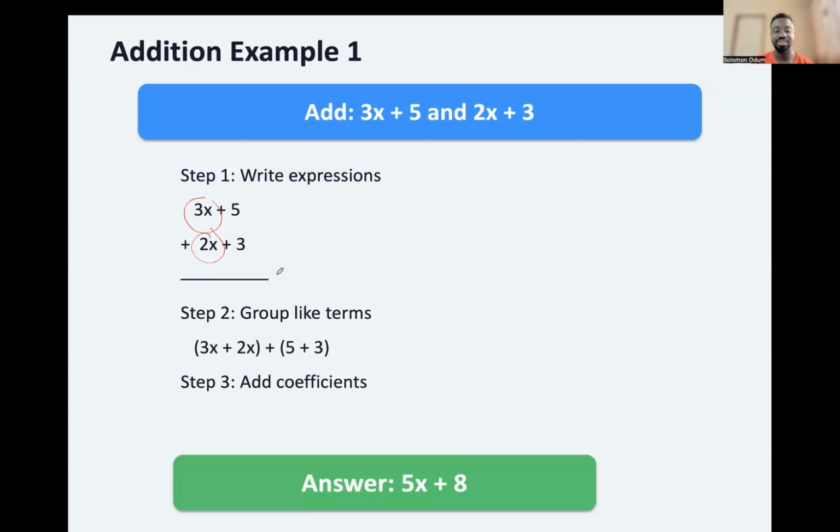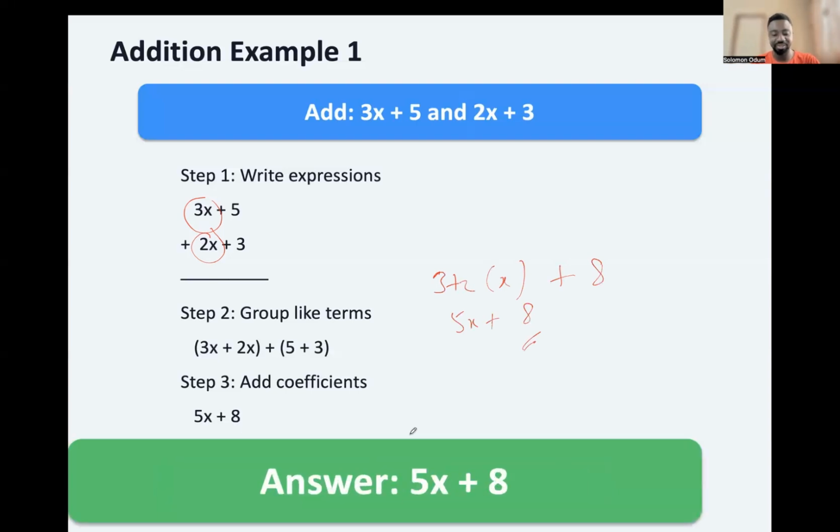And 5 and 3 are constants, they are like terms. We add the coefficients, 3 plus 2, and x, then plus 8, since 5 plus 3 is 8. So we have 5x plus 8. That becomes the answer. So good.